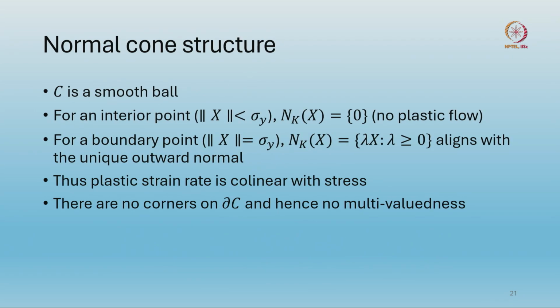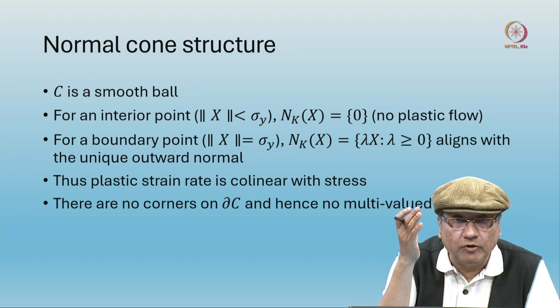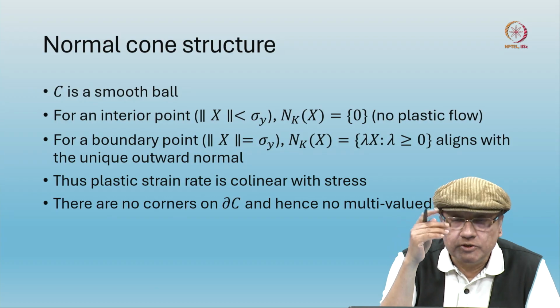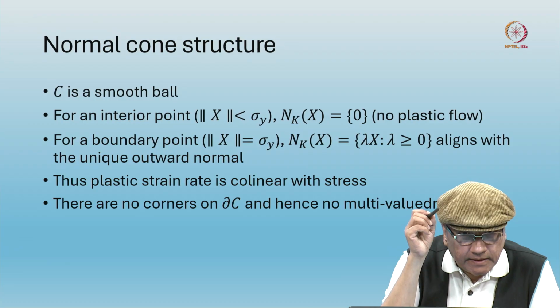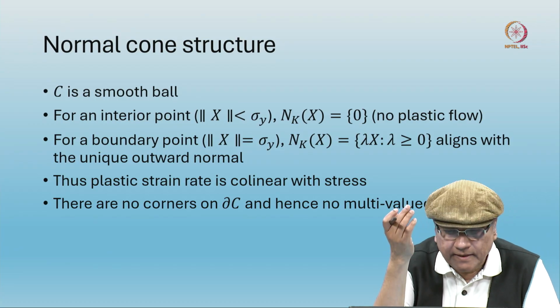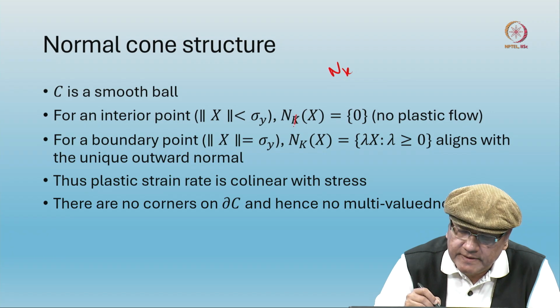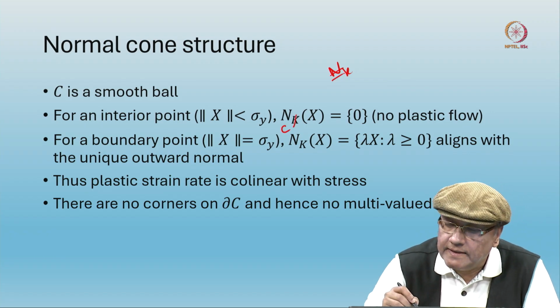The normal cone, so if C is a smooth ball for von Mises plasticity, smooth, spherical. So, the normal cone within the set C will be simply 0, the singleton set 0. Why? Because normal cone is nothing but N_C x. Sorry, this should be not K, I am sorry, this is C. Okay, so we will just remove this.